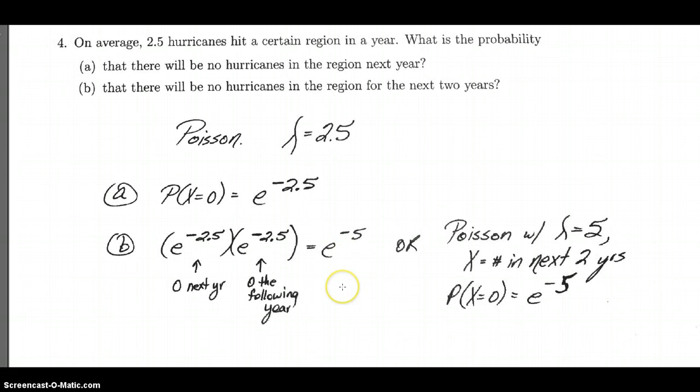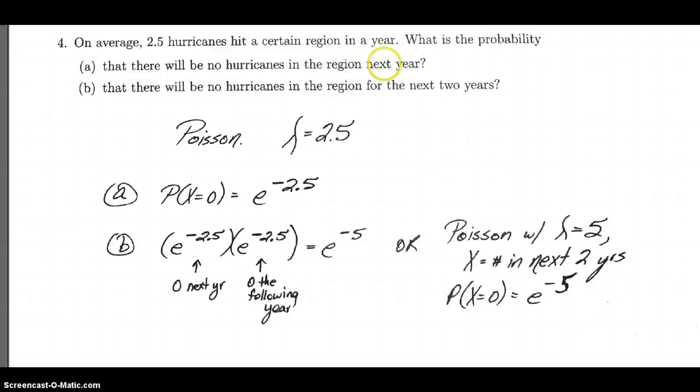Okay, this was actually the best one on the exam, I think, because it was a fairly straightforward problem if you recognize that it's Poisson. So we have 2.5 hurricanes hit a region in a year on average. So probability there will be no hurricanes.